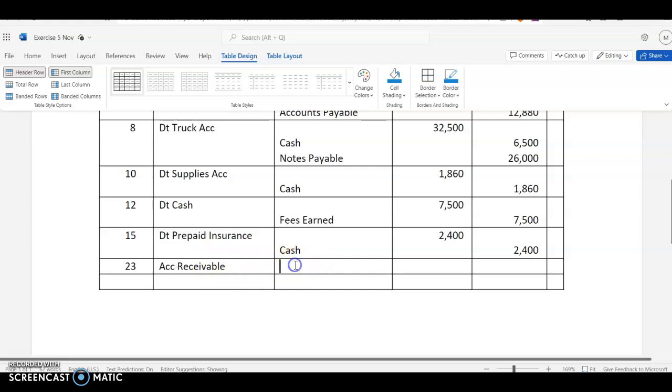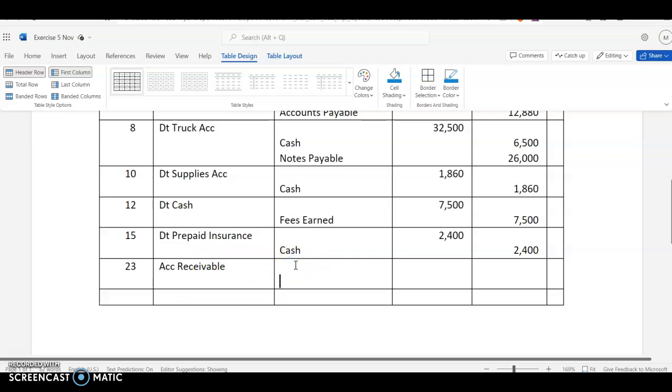And the partner is fees earned. The amount is 12,440.